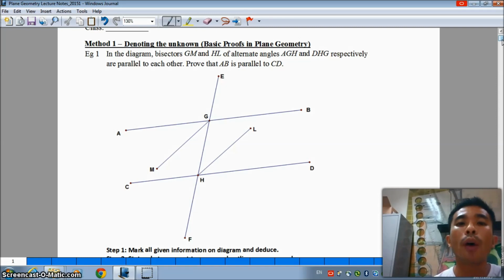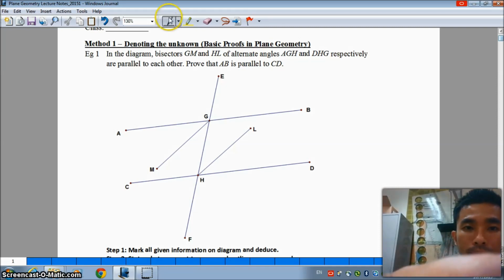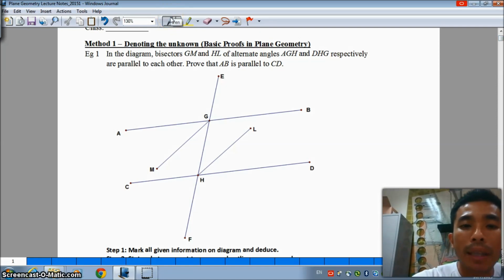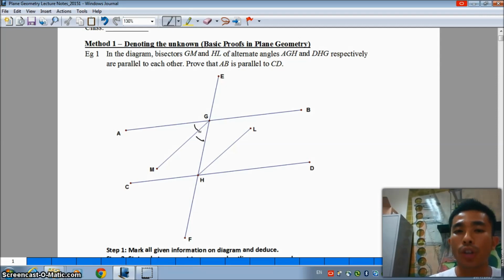Okay, first thing, you have bisector GM of angle AGH. Since GM is the bisector of the angle, it means these two angles must be the same. Similarly, HL is the angle bisector of angle DHG.